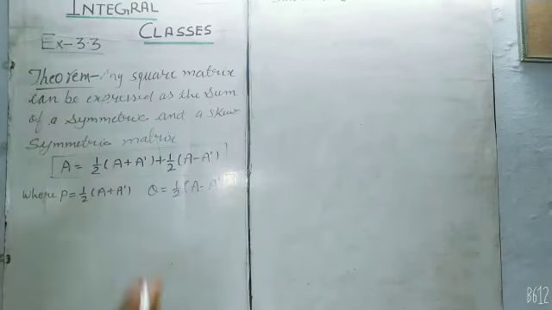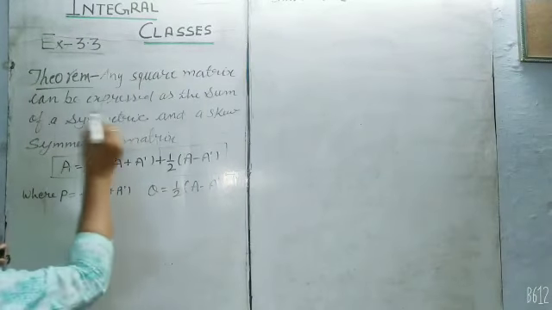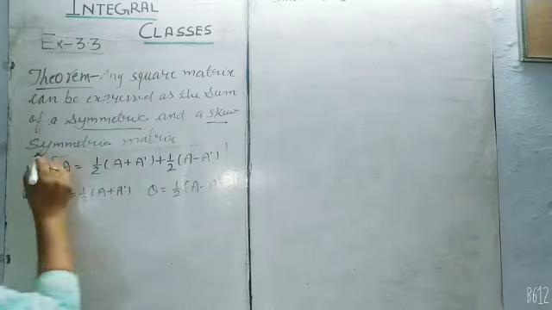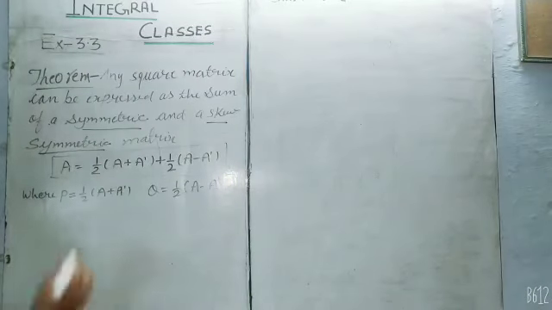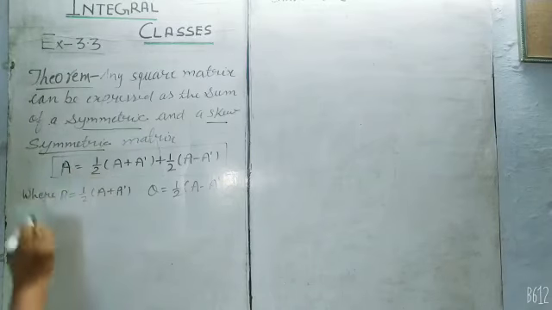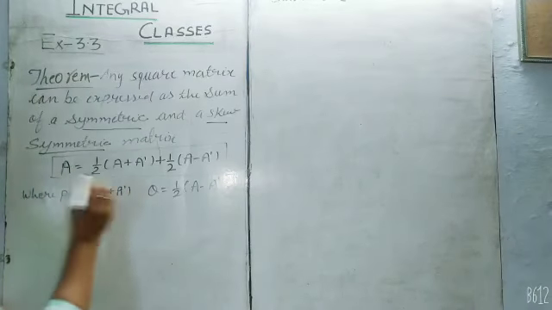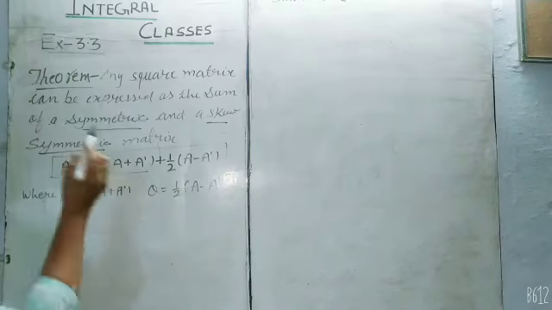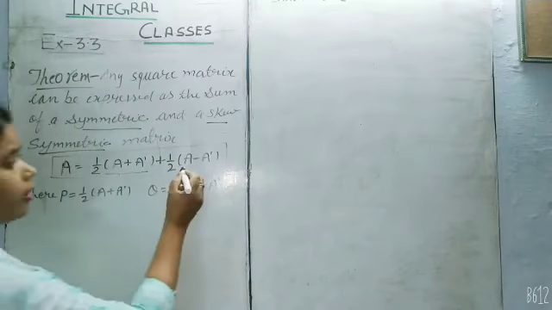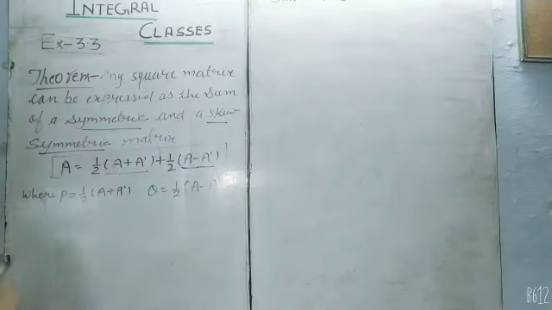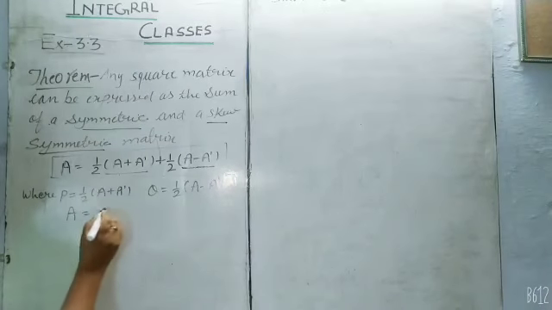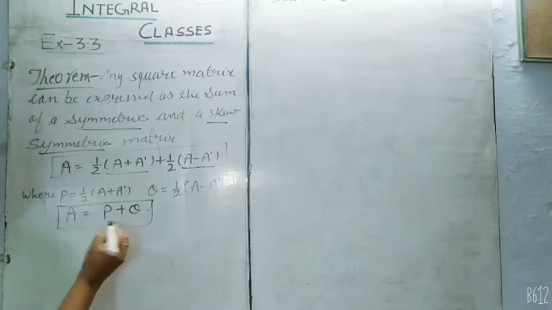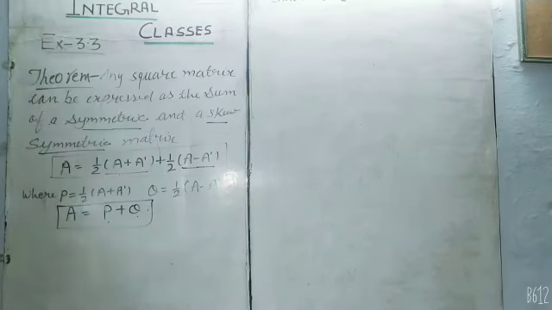Next theorem: any square matrix can be expressed as the sum of a symmetric and a skew symmetric matrix. It means students, A is any square matrix and we will express it as the sum of a symmetric matrix and a skew symmetric matrix. It means A equals P plus Q, where P is a symmetric matrix and Q is a skew symmetric matrix.